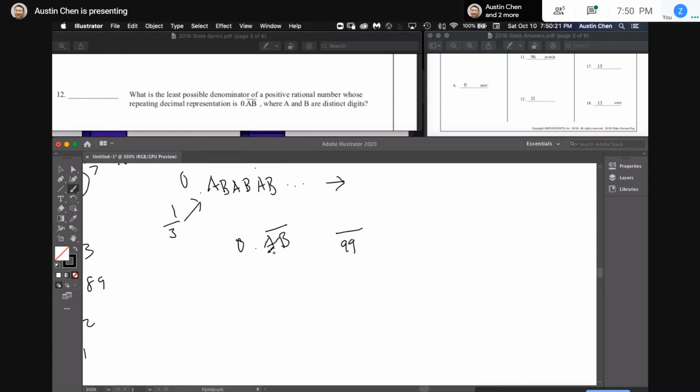So we have two repeating digits. That's going to be 99 in our denominator, and our numerator is going to be our repeating part minus our non-repeating part. But we have no non-repeating part here, so it's just going to be AB.